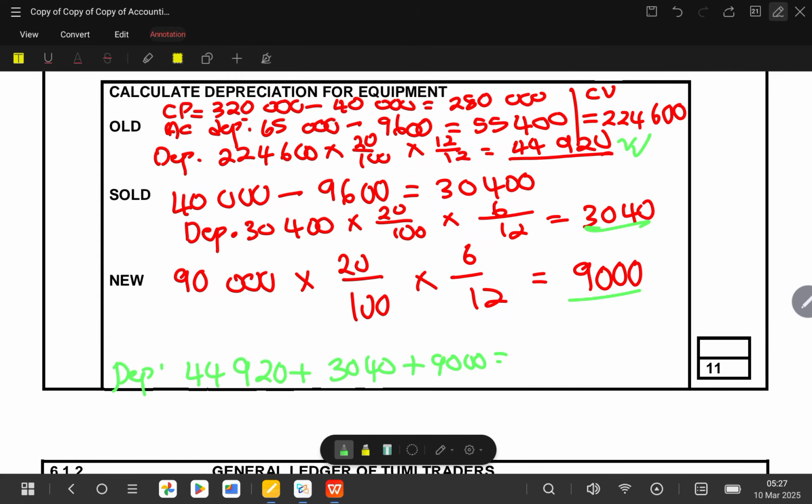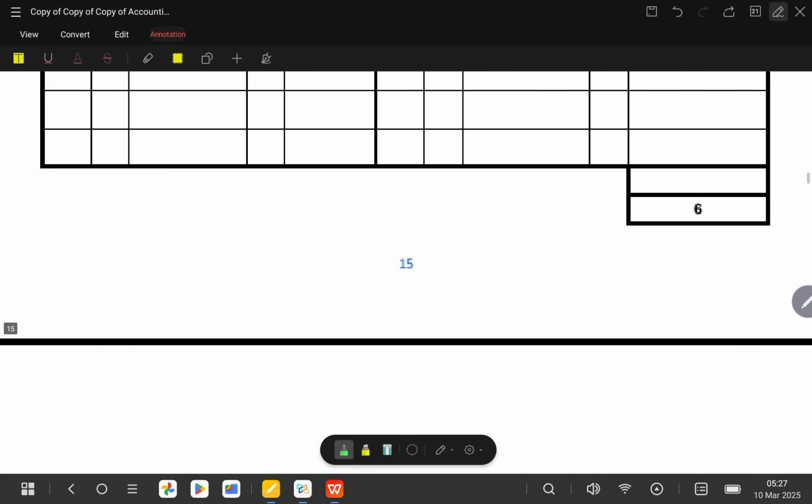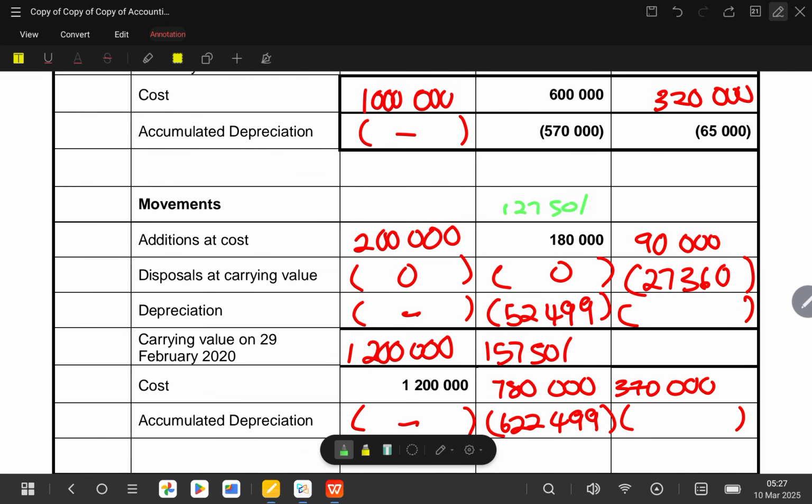So let's see, 44,920 plus 3,040, and then also plus 9,000. It gives us 56,960. So our depreciation for the year is 56,960. So I'm going to write it here, under here, that our depreciation for the year is 56,960.